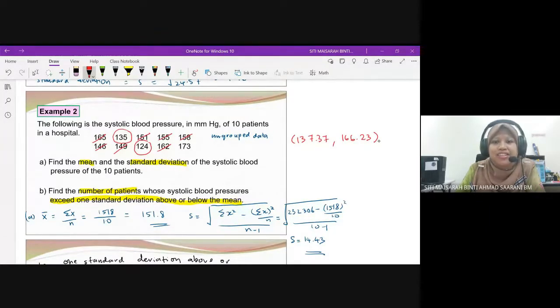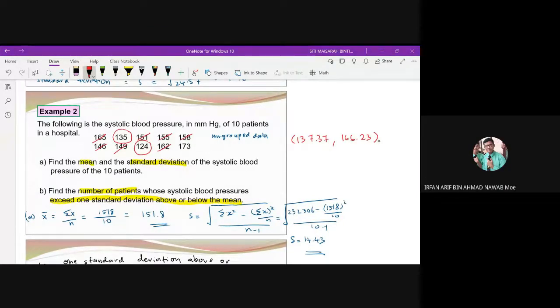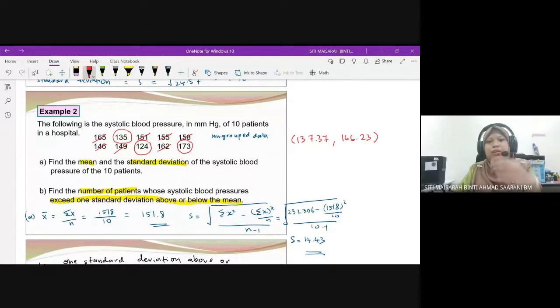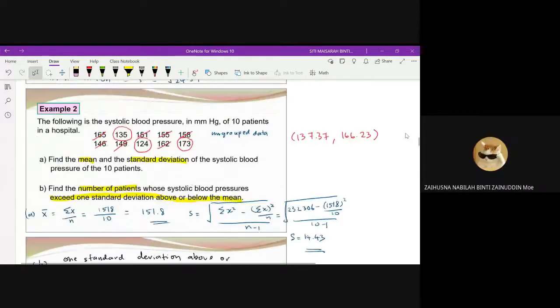173 boleh tak? Tak boleh. So jadi ada berapa yang tak boleh? How many number of patient dia? 3.